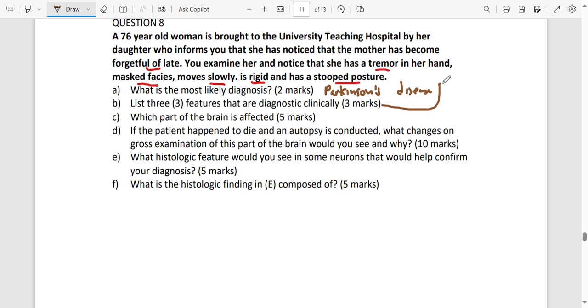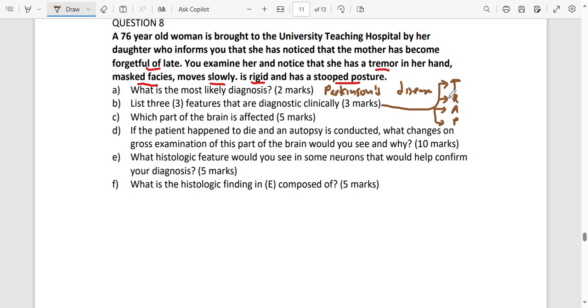Number one, thank you so much. We can basically use the TRAP. We have got tremor, specifically resting tremor.